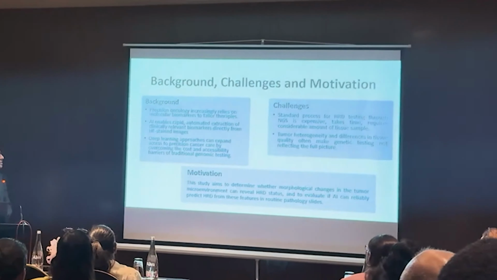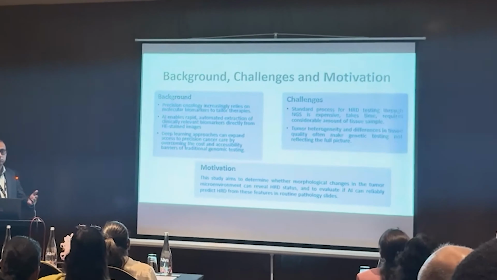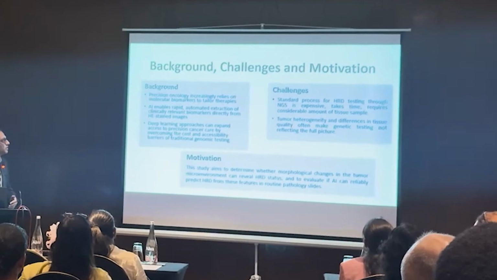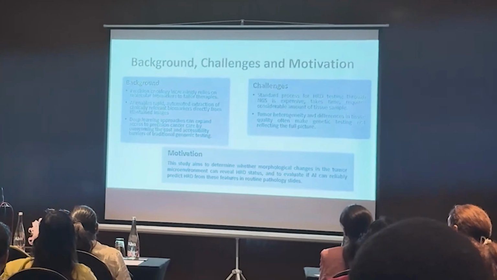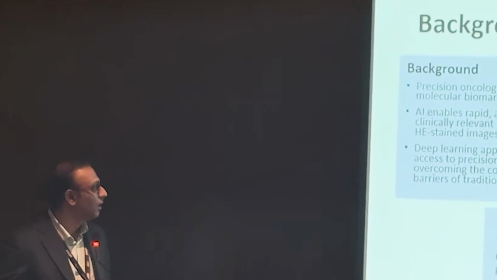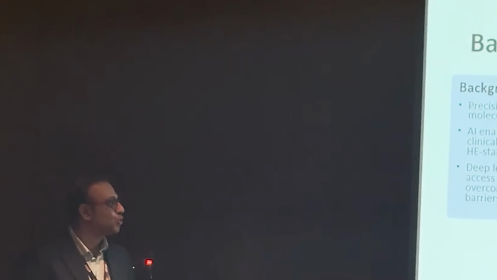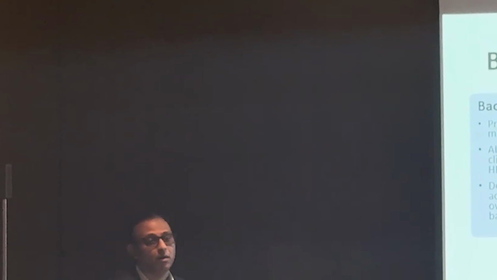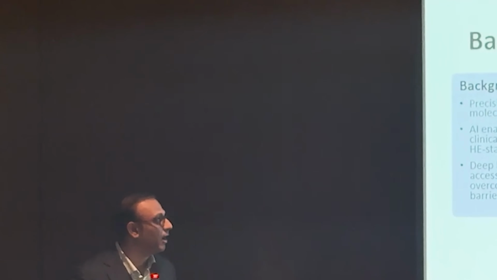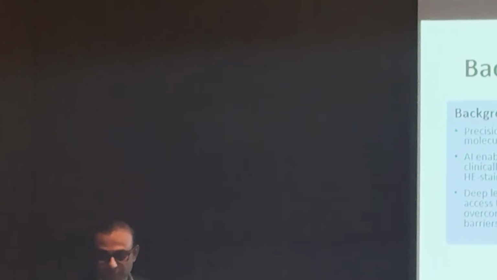There are some challenges: it's well known that NGS is really time consuming, it requires tissue, and there's tumor heterogeneity. So our motivation was to identify if there are any morphological changes that can help us identify HRD status.